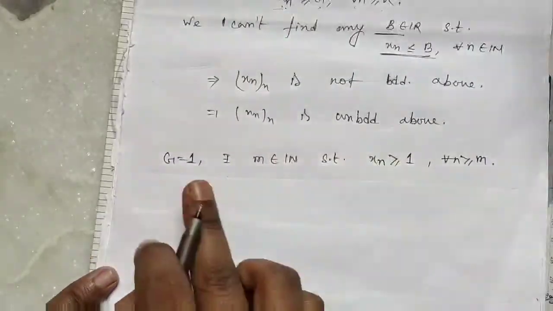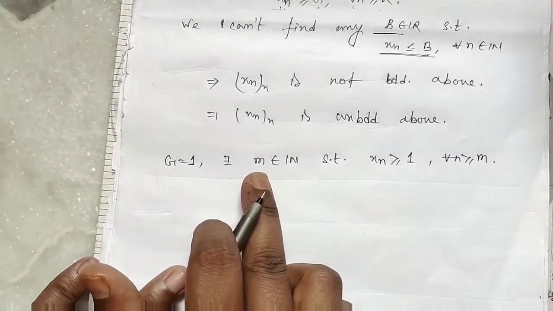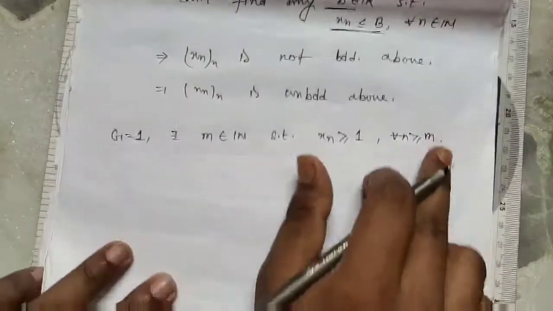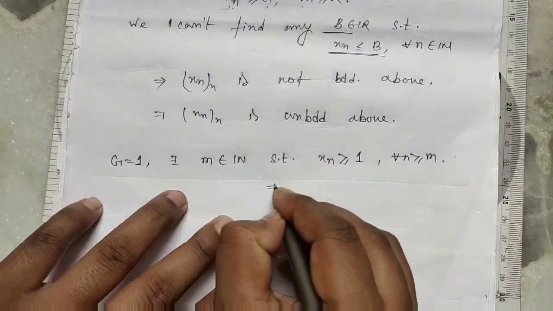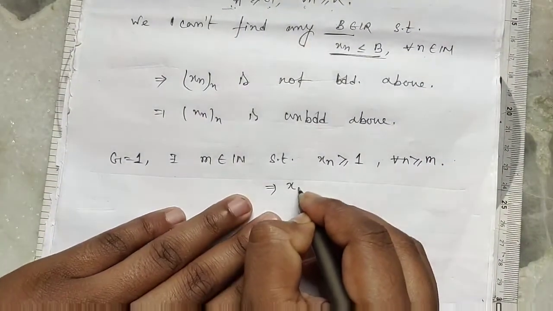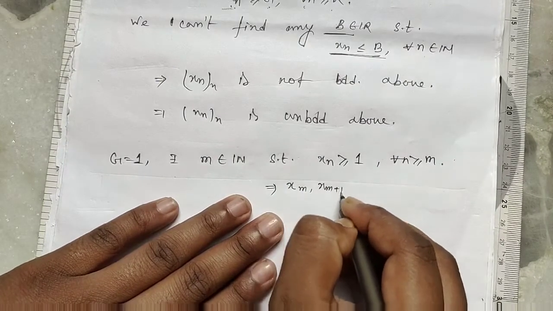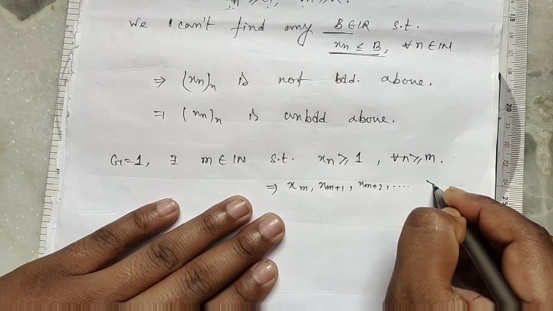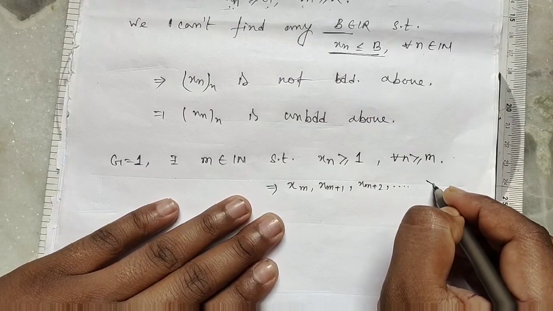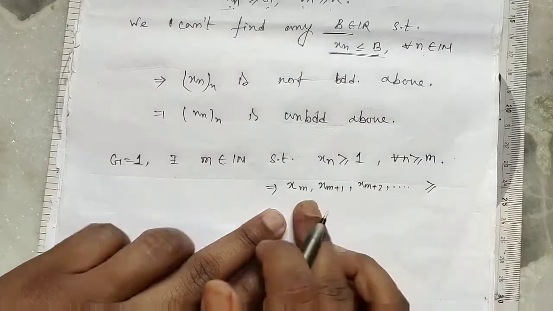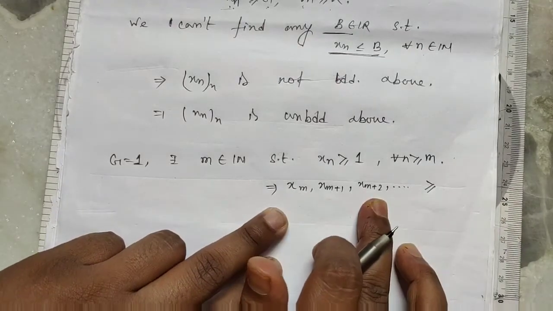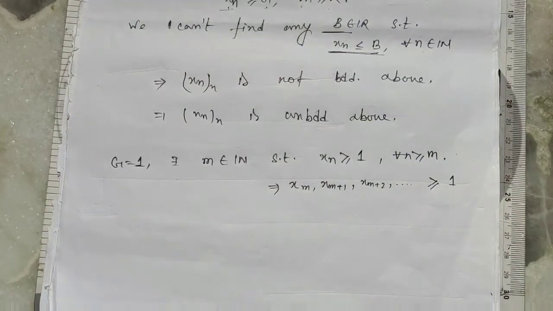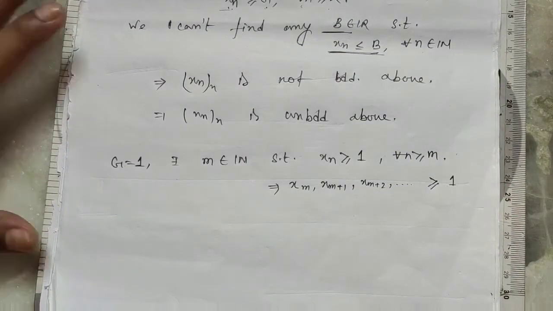This implies xm+1, xm+2, and so on, all elements after the mth term of the sequence, are greater than or equal to 1.